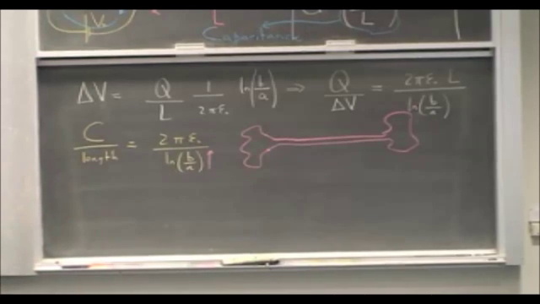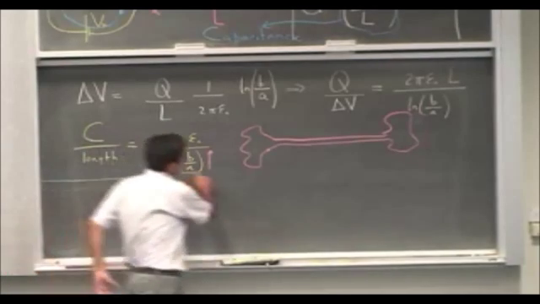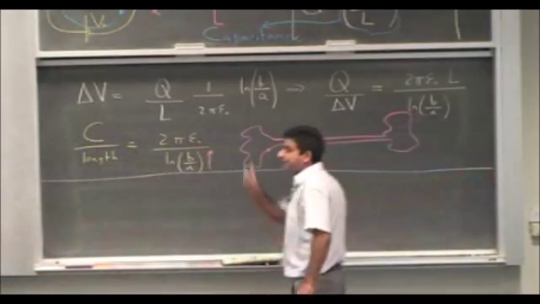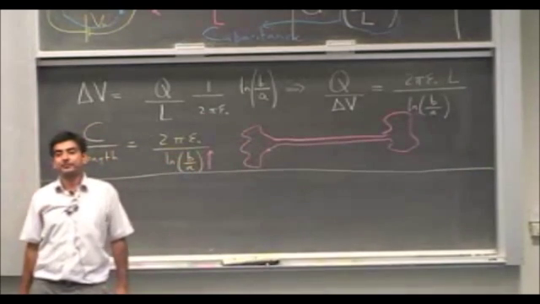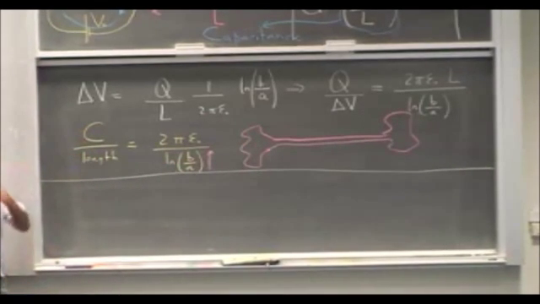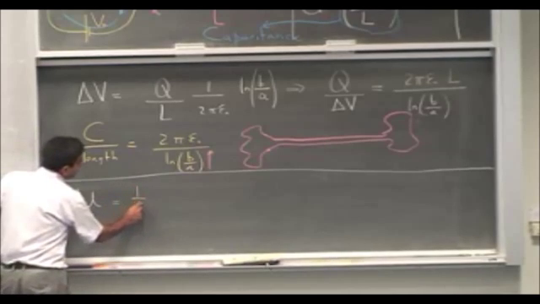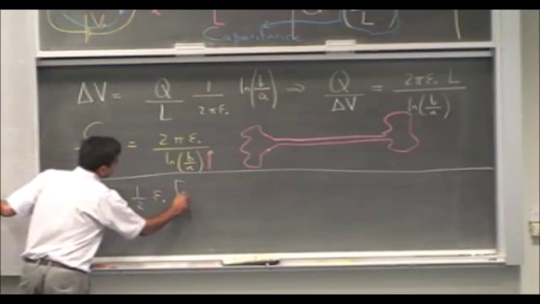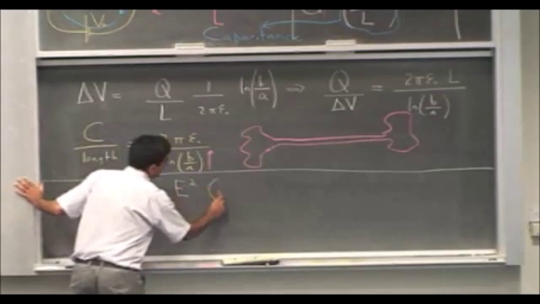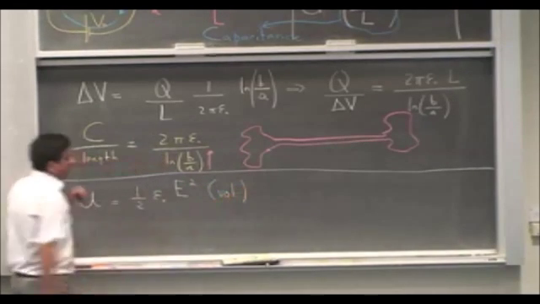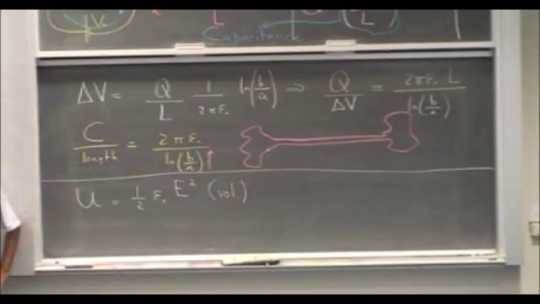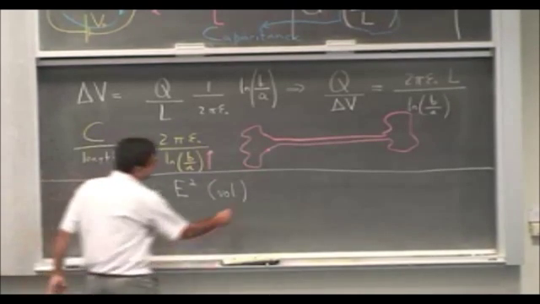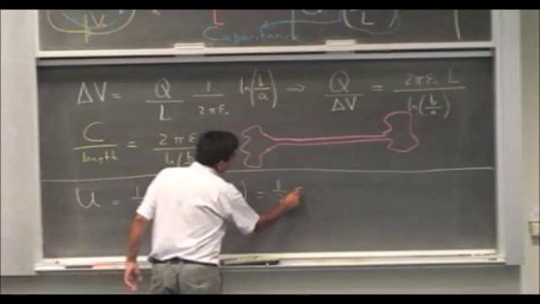One more example. If I have a capacitor that is storing energy, the amount of energy that a capacitor stores, U, is given by half epsilon naught E squared into the volume of the capacitor. Agreed? So I can write this as half epsilon naught.